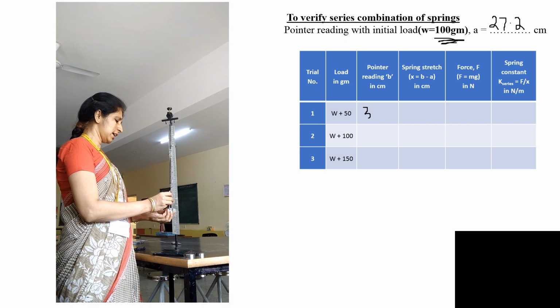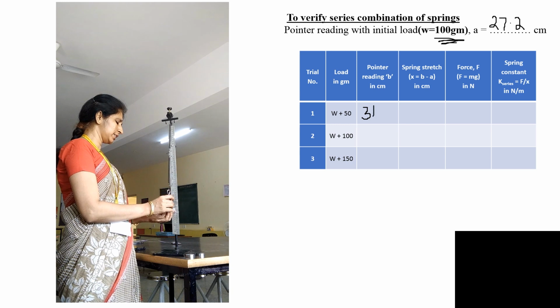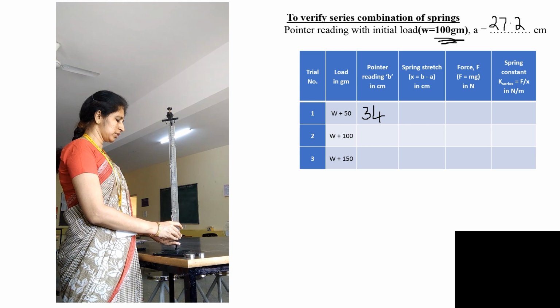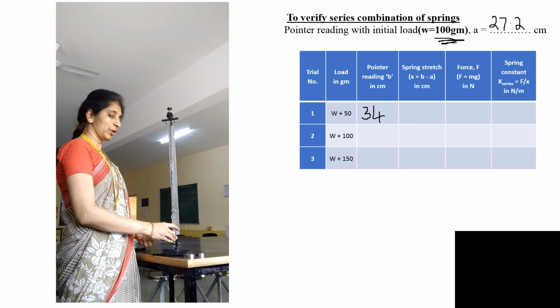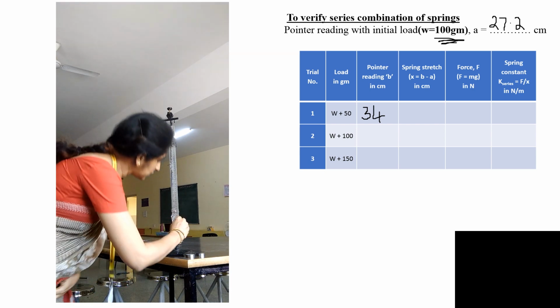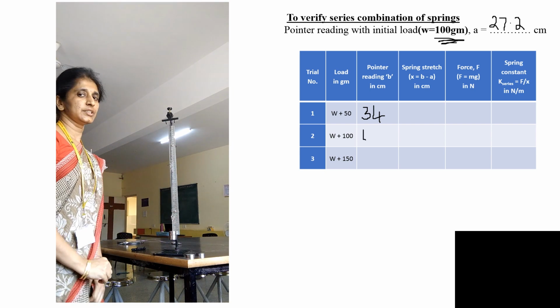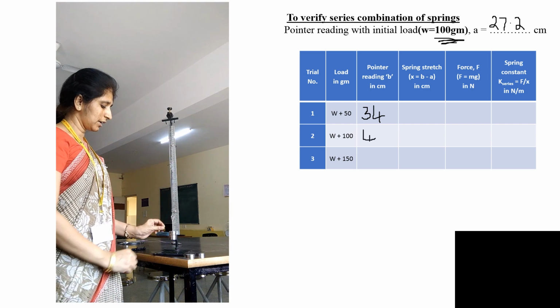Now let us add 100 gram along with the dead load and note down the corresponding pointer reading. The pointer reading appears to be 41.2 for 100 gram.